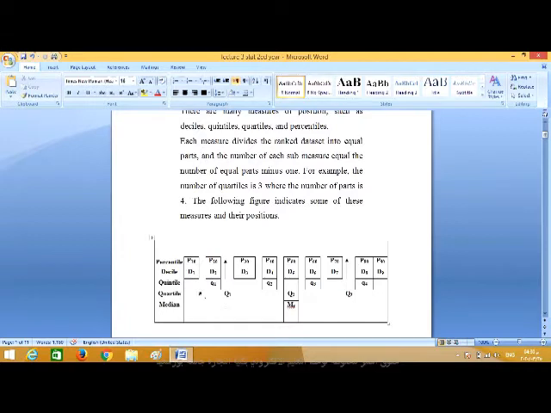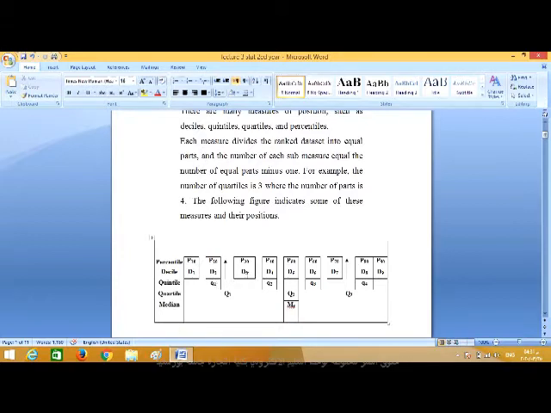Okay, where there are 10% smaller than D1, 20% smaller than D2. So D2 equals Q1, small q1. The second decile equals the first quintile.